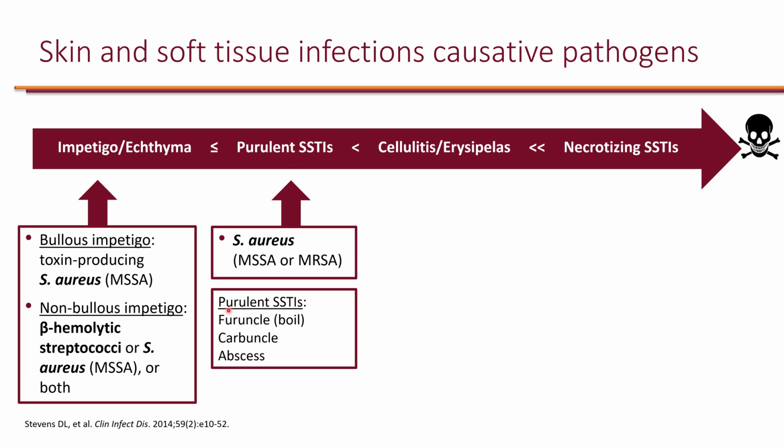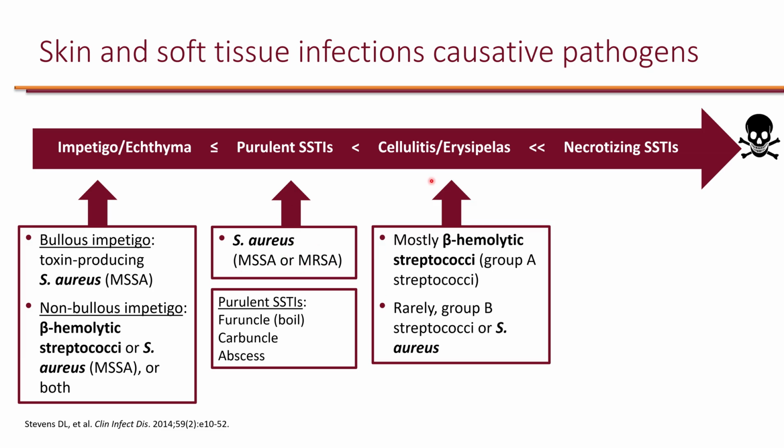For purulent SSTIs, some examples include furuncle, carbuncle, and abscess. This is primarily Staphylococcus aureus, and that could be MSSA or MRSA. With cellulitis or erysipelas, it is mostly beta hemolytic strep, and rarely it can be group B strep or Staphylococcus aureus.